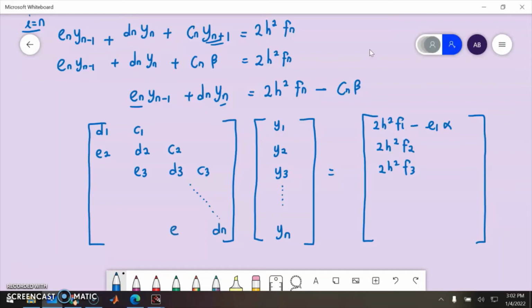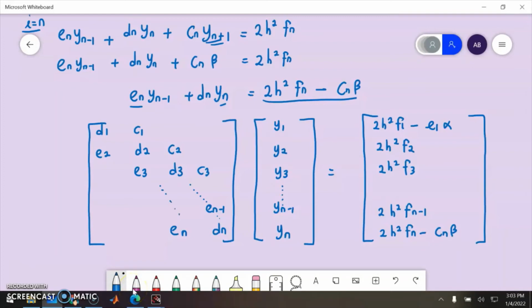Obviously the term here is Yn minus 1, so for Yn minus 1 you will have En minus 1. This will be 2H squared F n minus 1. And the last term here is 2H squared Fn minus Cn beta.